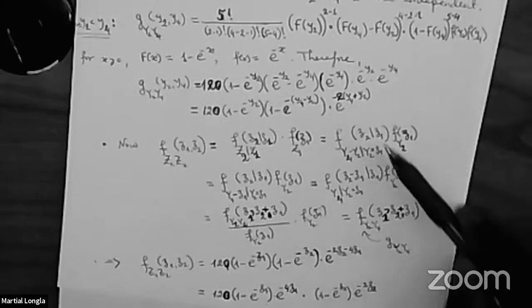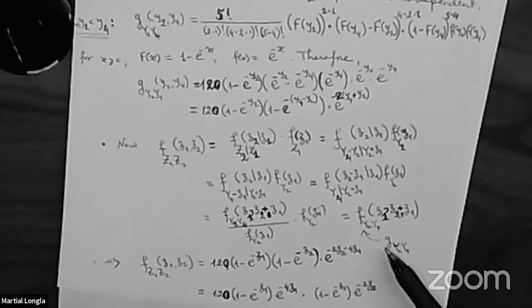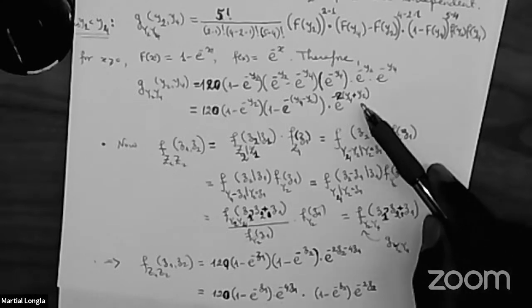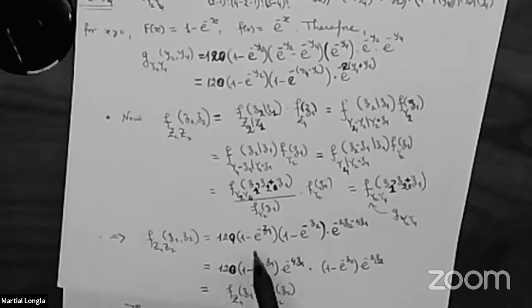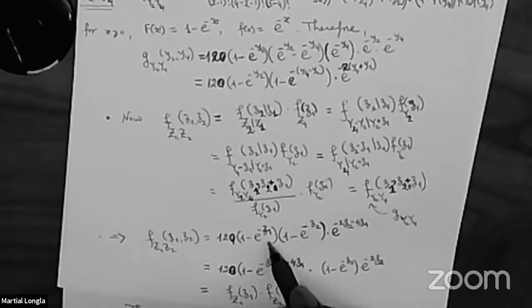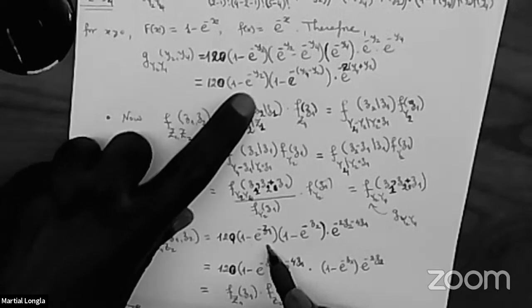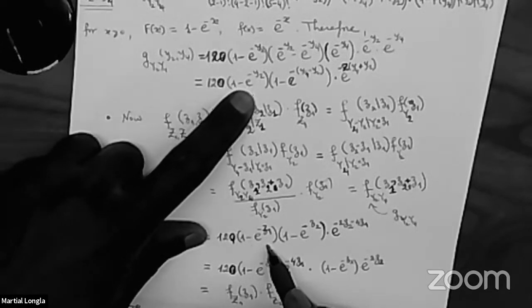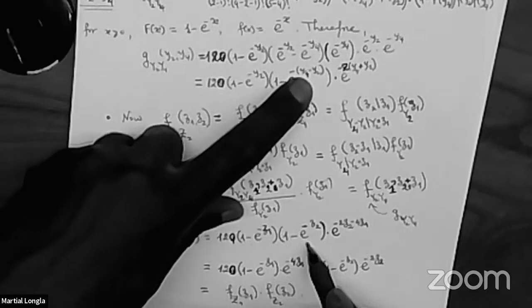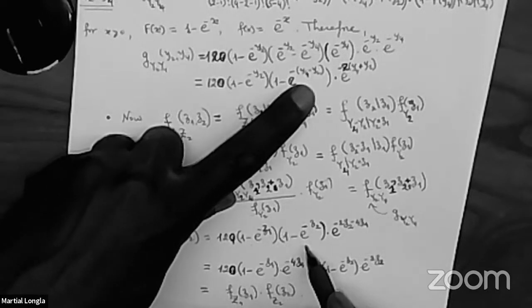So into this formula, I will replace y4 by z2 plus z1, y2 by z1. When I do so, this is what happens. So you have 120, 1 minus e to the z1, that is replacing y2. Then 1 minus, here is replacing the other guy.